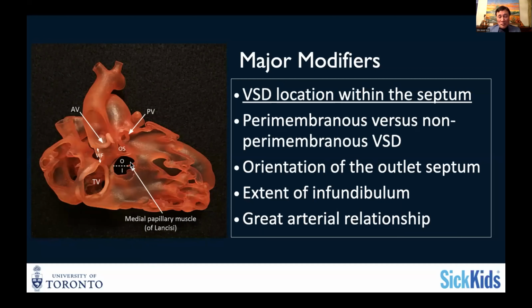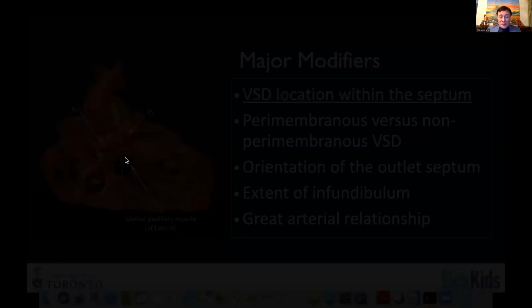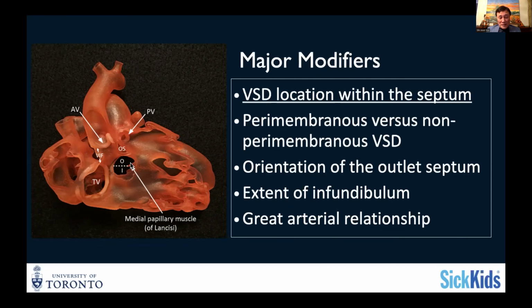If your VSD is on your left-hand side in the surgical view, that is the outlet part of the septum. If the VSD is on your right-hand side, looking at the medial papillary muscle, that means the VSD has inlet extension. That is how you look at whether it is extending outlet or inlet. So the medial papillary muscle has that important value for surgeons.